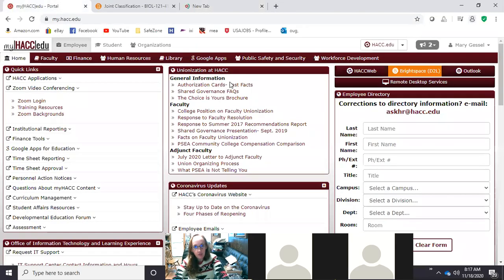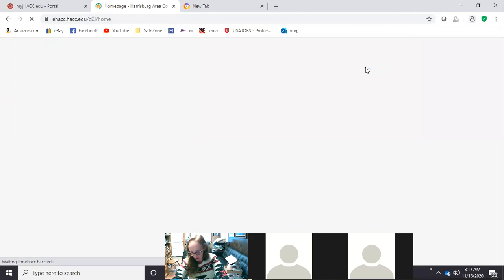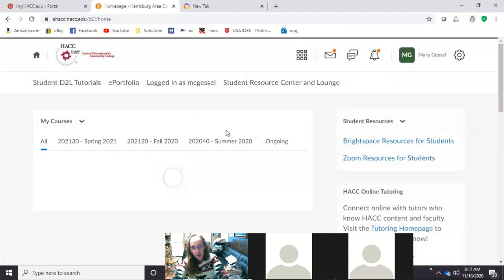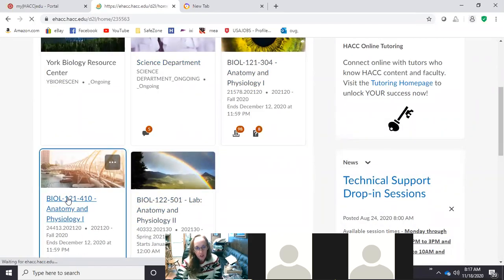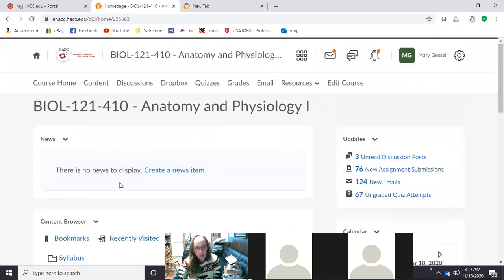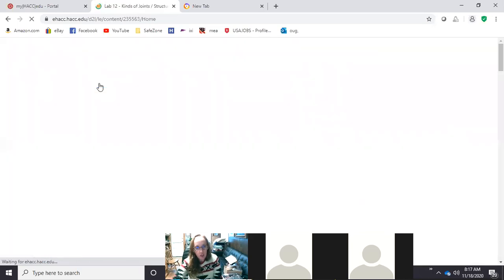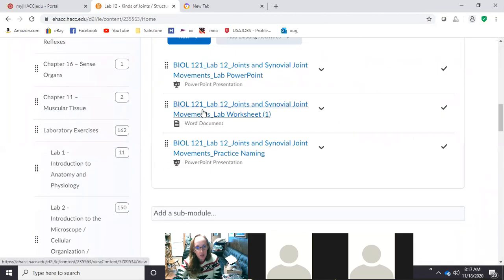Now that I think about it. So this is lab 12, right? Kinds of joints. Right. Okay. Pulling up the joints worksheets.